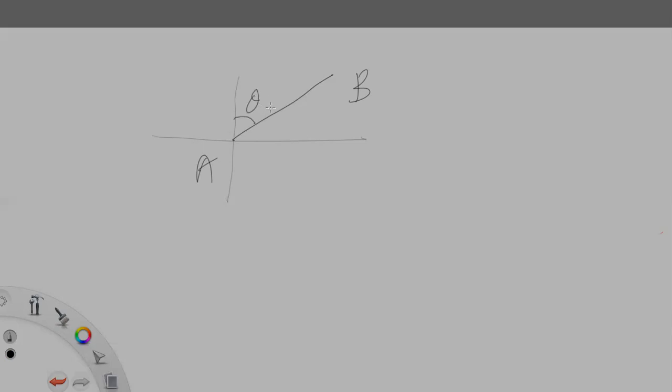Remember, the angle taken here is with respect to the y-axis, not the x-axis. Now there will be two offsets, one on the x-axis and one on the y-axis. So you can locate this point B through the y coordinate and x coordinate.